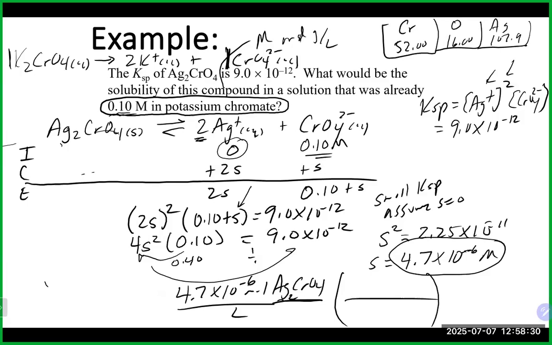Gonna get us here a molar mass of about 331.8 grams per mole, which we could then multiply obviously by 4.7 to the minus 6. And that'll get us something like 0.0016 grams per liter. Once again here, very low solubility in the common ion in general.